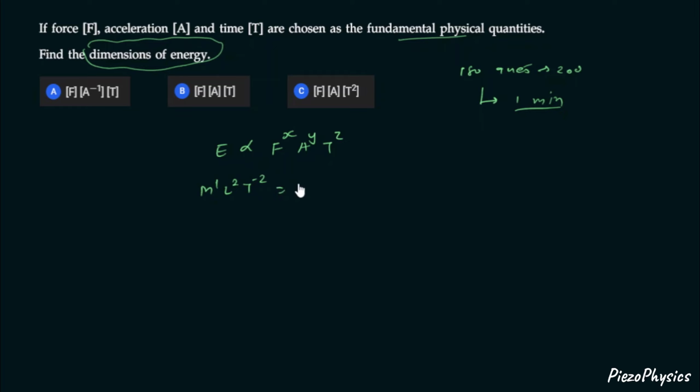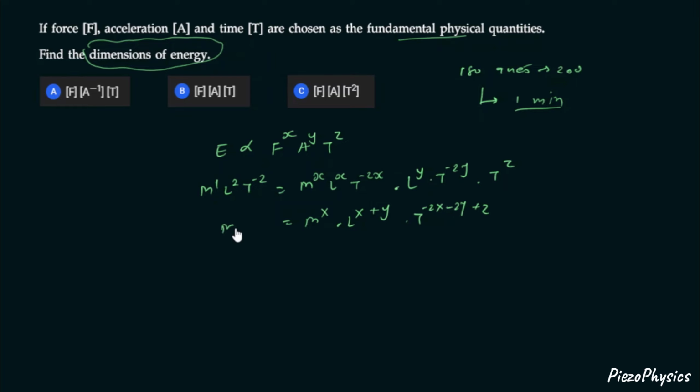The dimension of force will be written as M^x L^x T power minus 2x. I have directly added the power to the dimension of the force. Now for the dimension of acceleration we have L1 T minus 2, so it can be written as L^y T minus 2y, and we have time power z. So M^x L^(x plus y) T power (minus 2x minus 2y plus z).